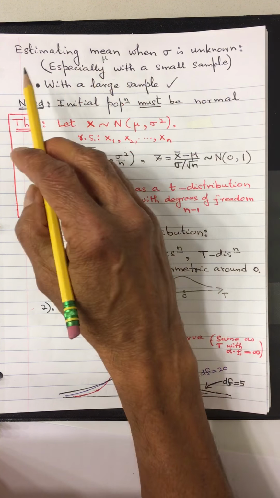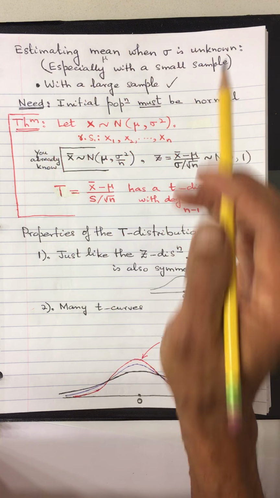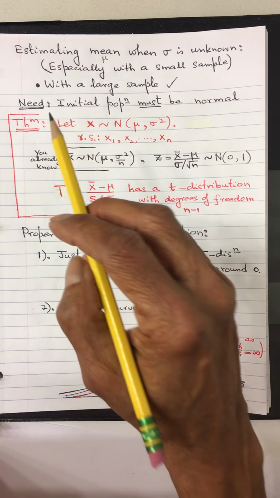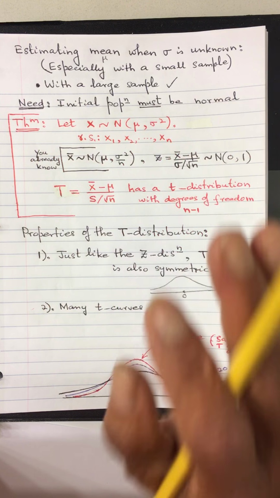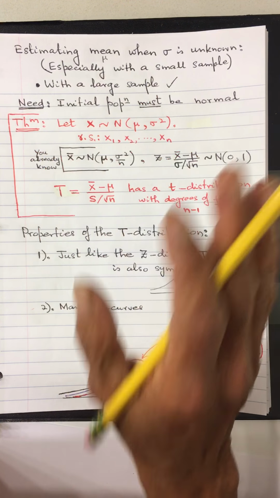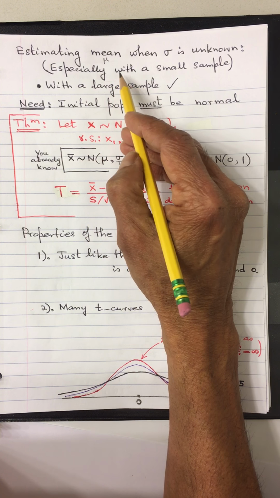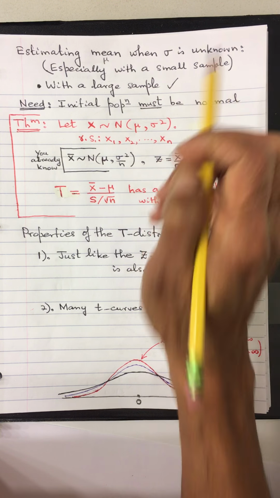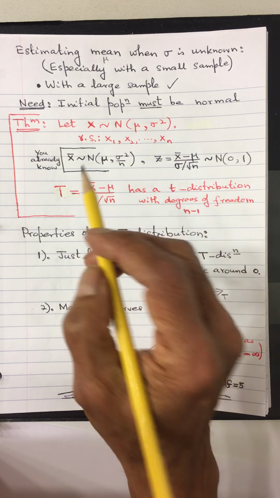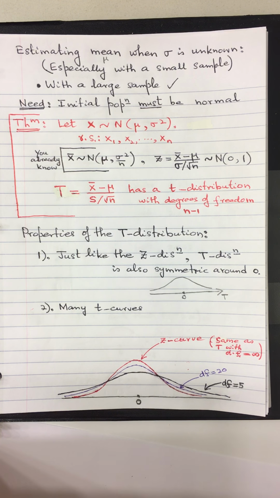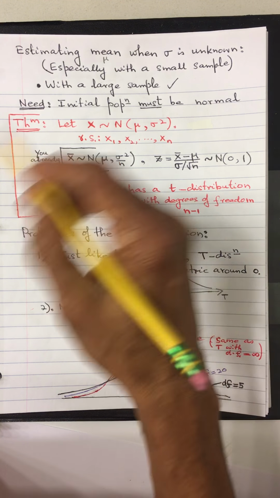But the theory goes pretty much the same way even for large n, whether you have a large sample or a small sample. But this is very important, especially if you have a very small sample. We need one more additional assumption to do this.